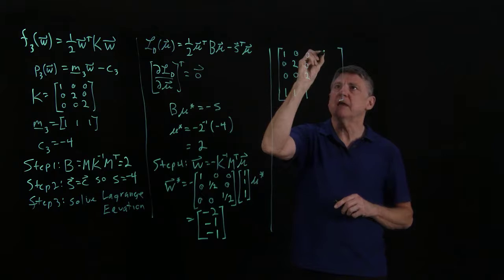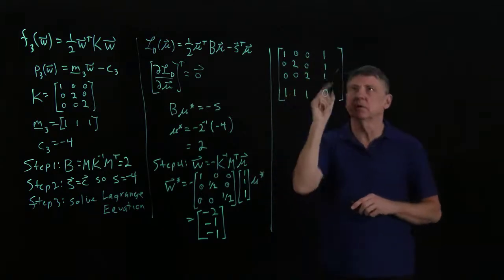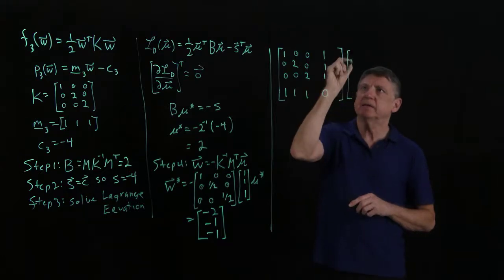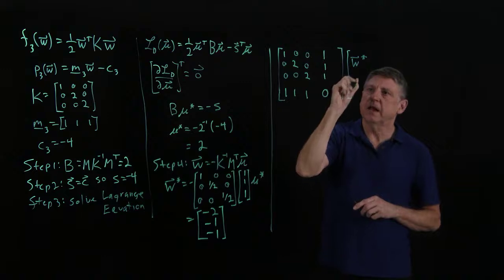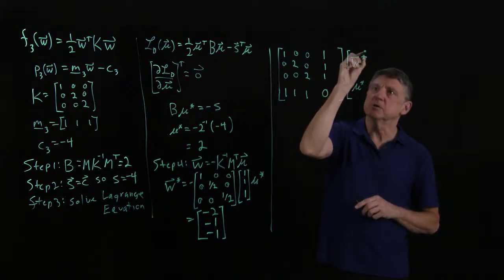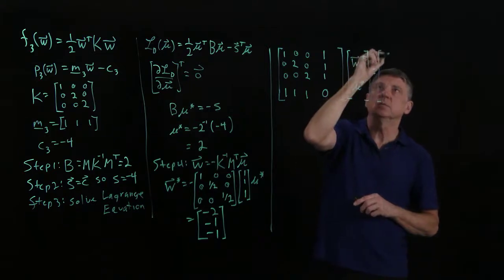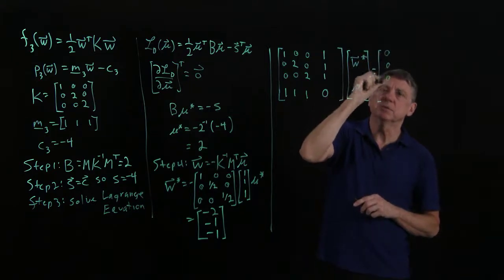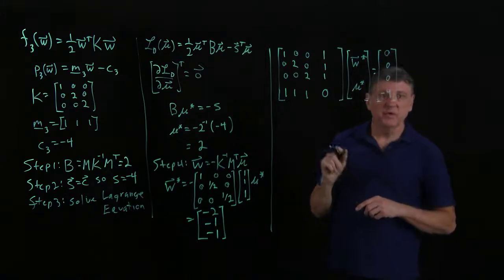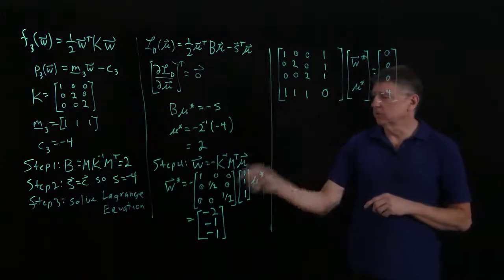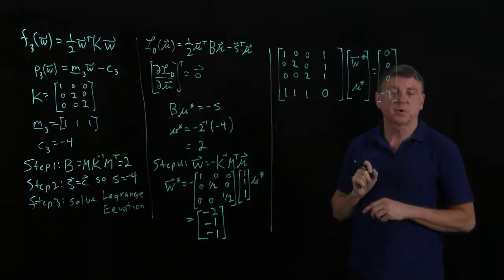Then we transpose that to be the vector 1, 1, 1. We always put a 0 in the lower right corner, and that times the minimizer and the Lagrange multiplier has to equal, in this case, 0, 0, 0, minus 4. And when you do the matrix vector multiply, you can verify that this solution solves this problem.